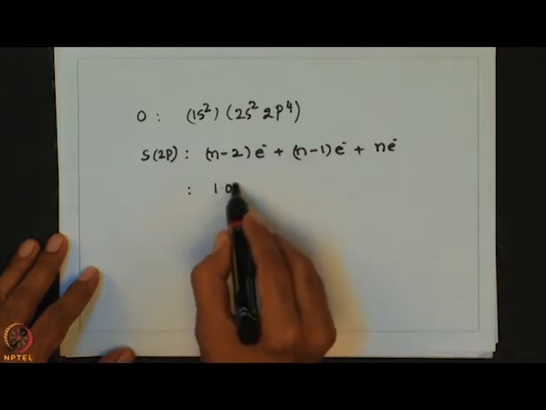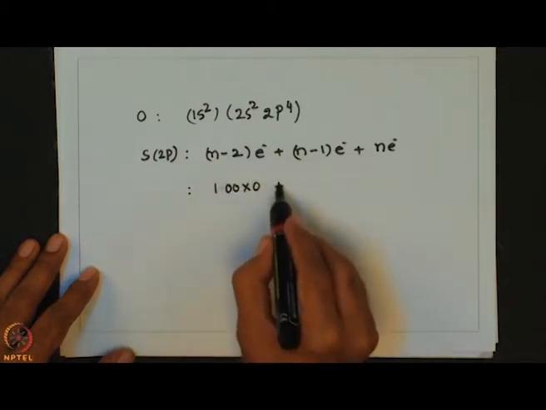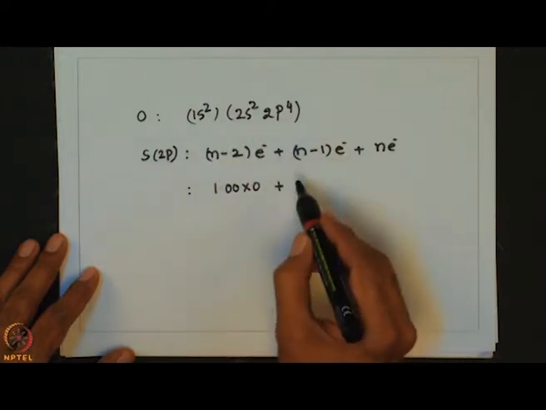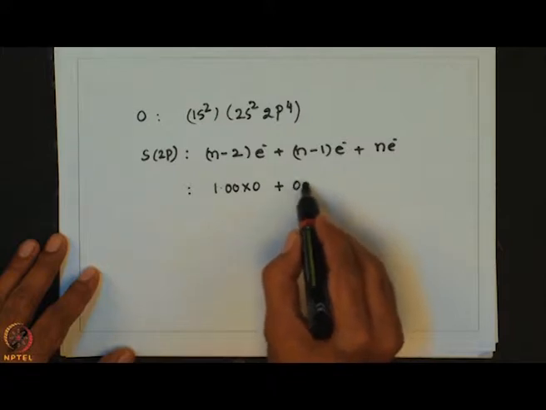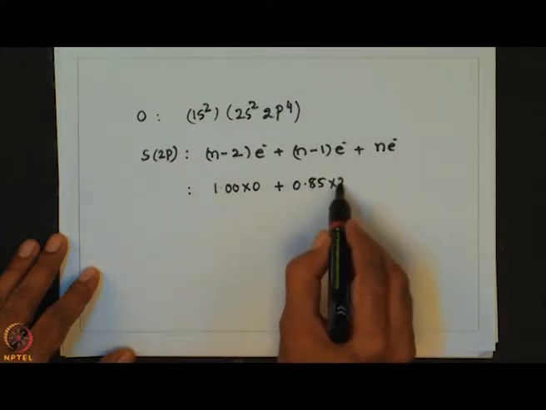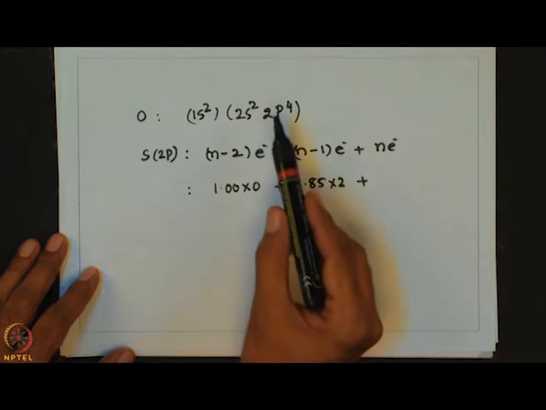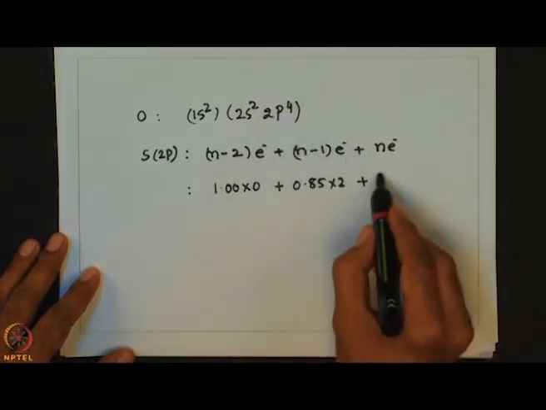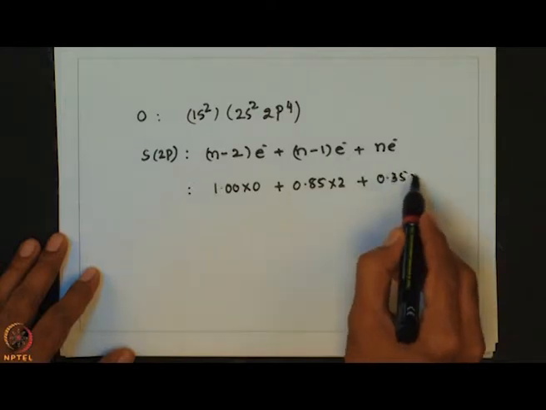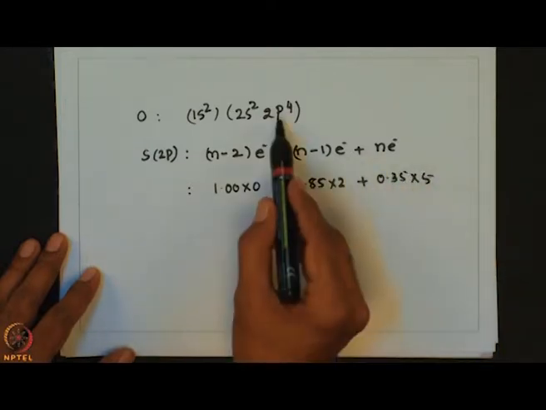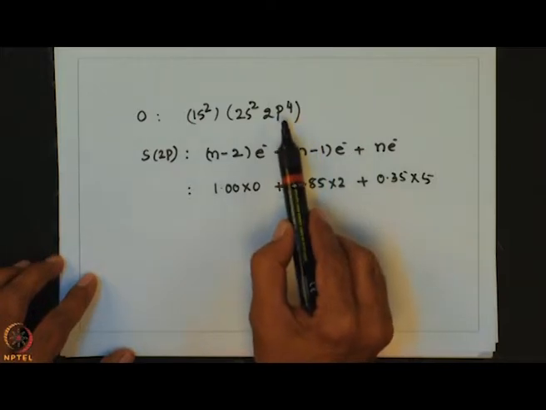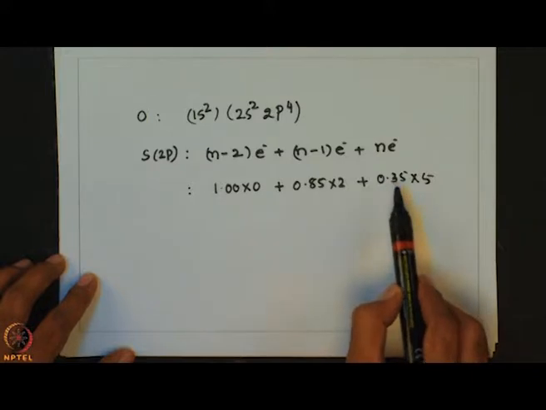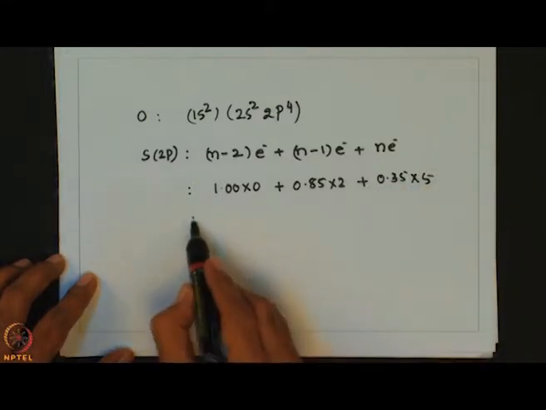So, 1.00 into 0 plus here we have 2 electrons in n minus 1, that is in 1s2, 0.85 into 2, plus we have about 5 electrons in the same group, that is 0.35 into 5. So, out of 6 electrons we are considering one of the p electrons, and the remaining 5 electrons will be screening it. So, that is 0.35 into 5.